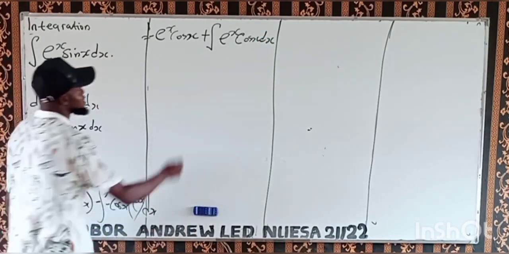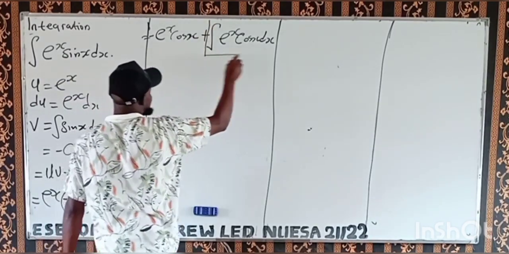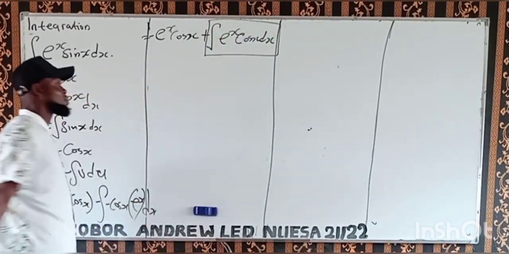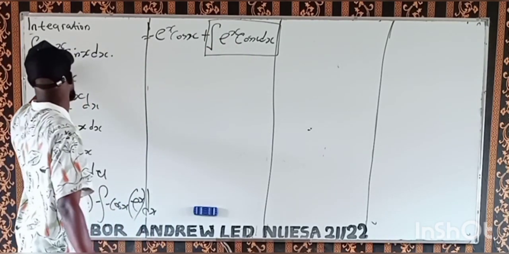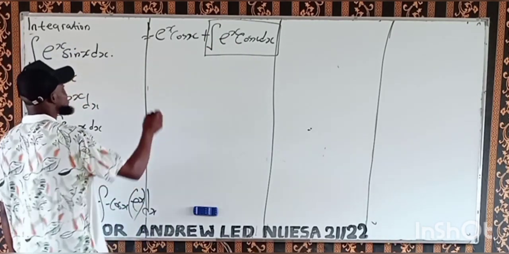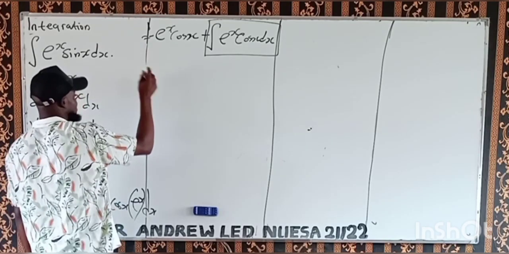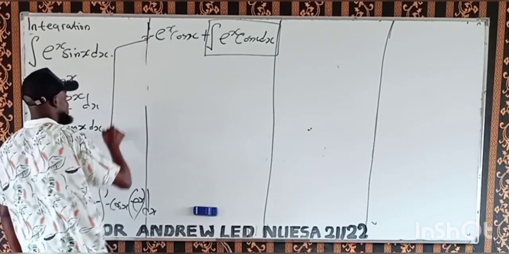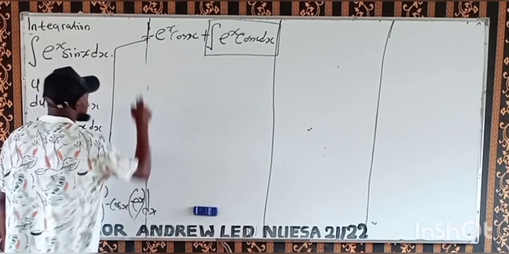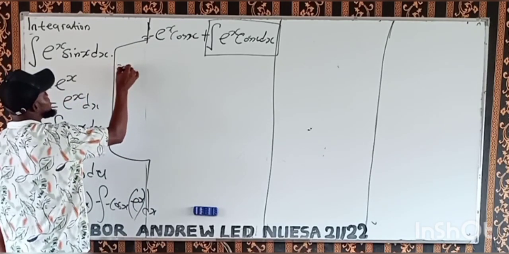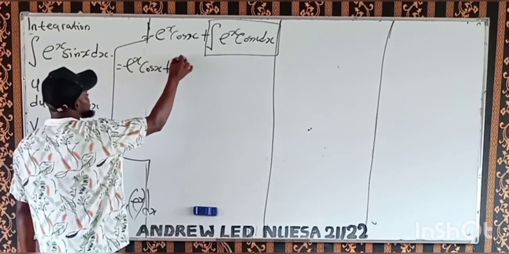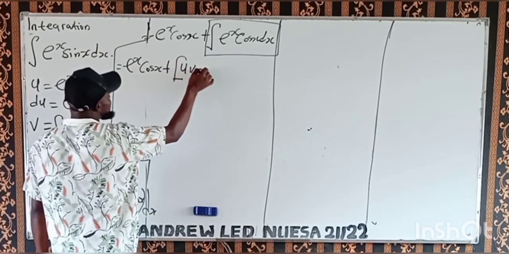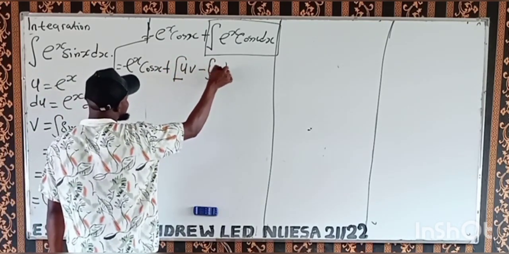We use integration by parts. You see how exponential x cos x, because we have exponential x and cos x here. Let's go. This one will still take this shape, and will still be minus exponential x cos x plus, this one will still be uv minus integral v du.